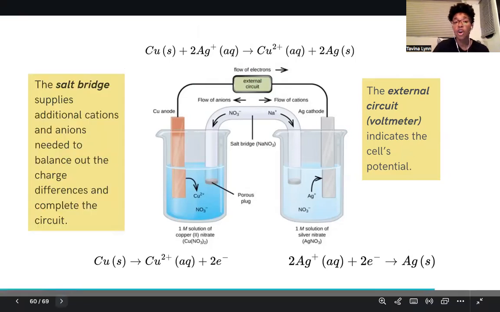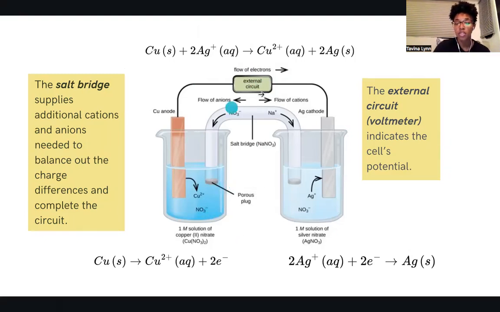And the salt bridge. The purpose of the salt bridge is to make sure that our charges remain balanced. The salt bridge is this porous device that consists of a salt solution, which is usually sodium nitrate. You may also see potassium nitrate there.